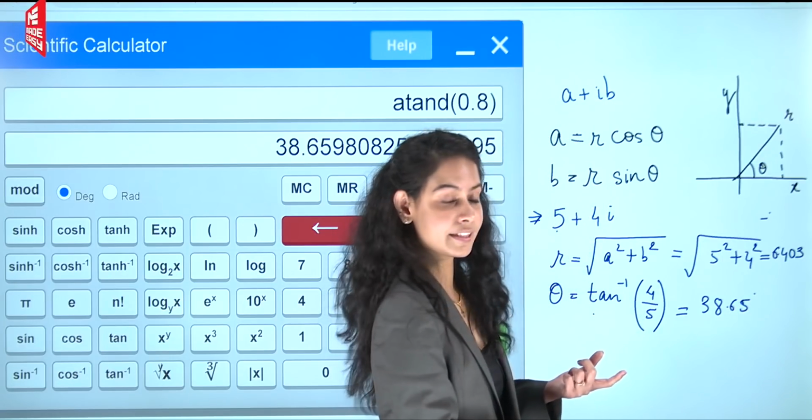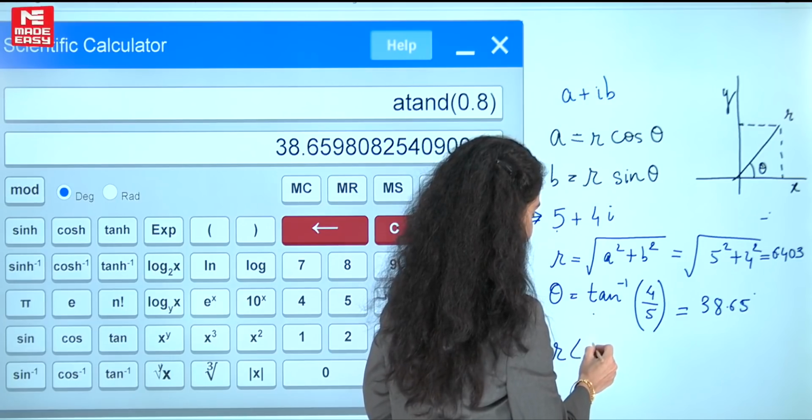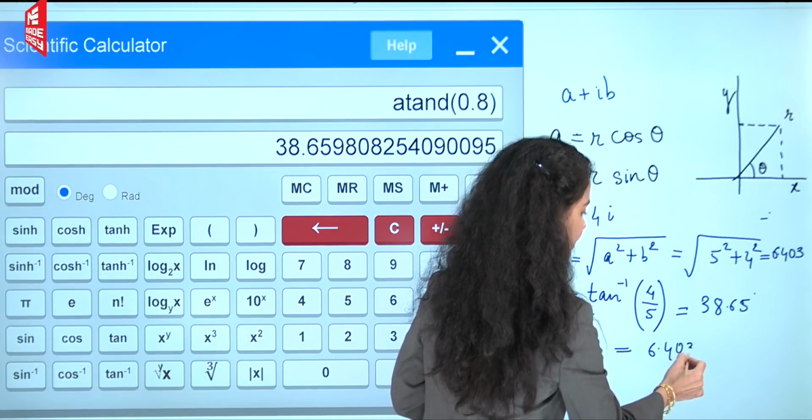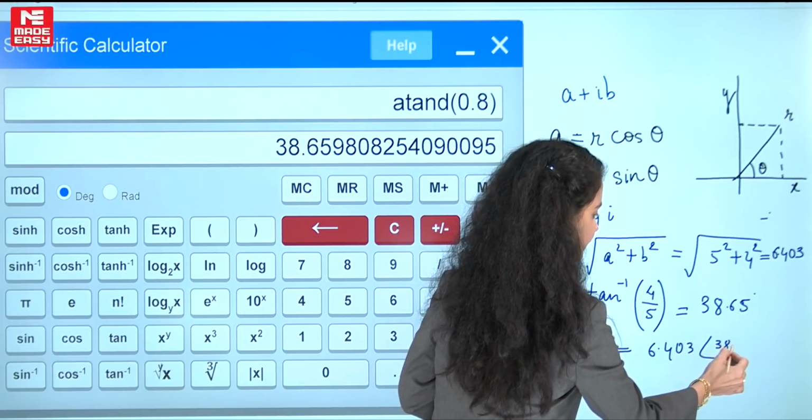So our polar coordinates r, theta will be equal to 6.403, 38.65.